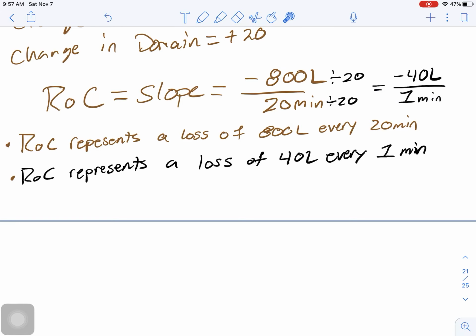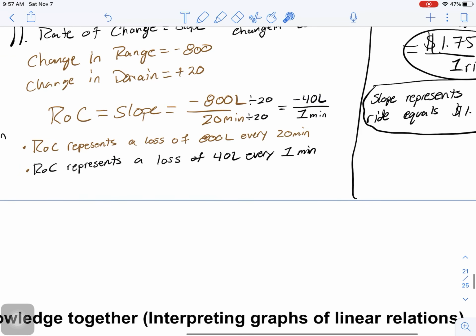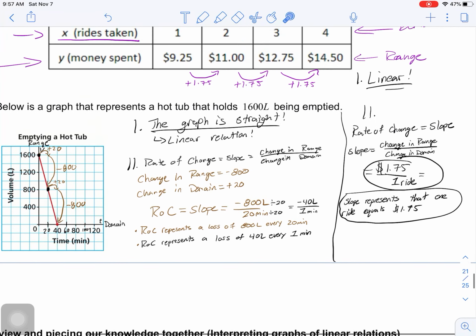Recognize if you use this or this number, you will still be able to graph this exact same thing because this is actually the same rate, just represented in a different form of a fraction. So losing 800 liters every 20 minutes, that's the same rate as losing 40 liters per 1 minute.